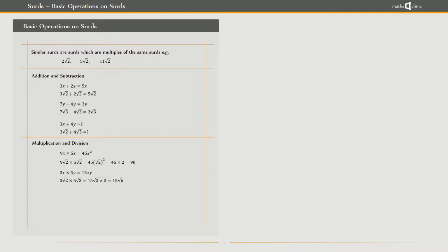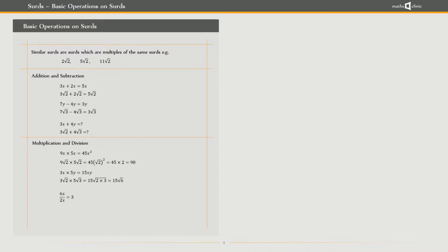Just like in the algebraic operation we just did, you can have 3 root 2 multiplying 5 root 3. You multiply the 3 and the 5, it gives you 15, and then you multiply the surds, root 2 times root 3, and if you remember the distributive property that we discussed in the last lesson, you can have that as the square root of 2 times 3, and that gives you 15 root 6.